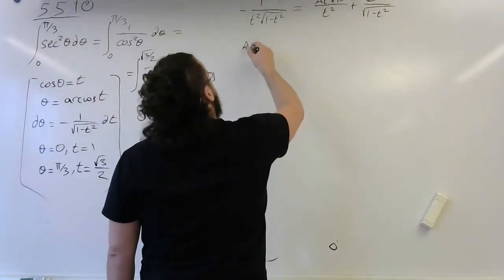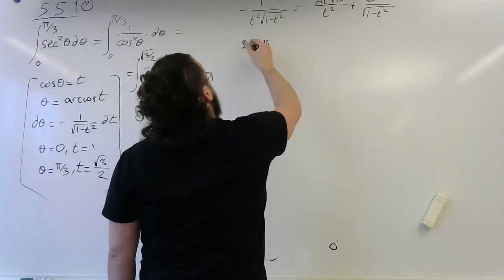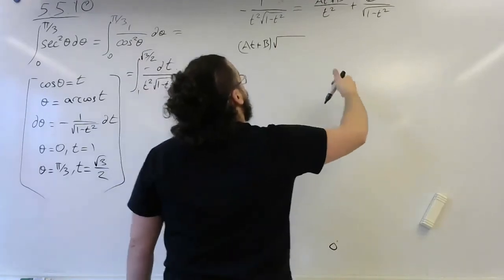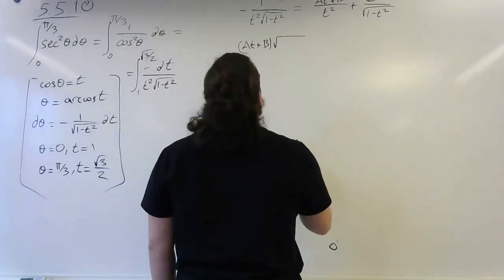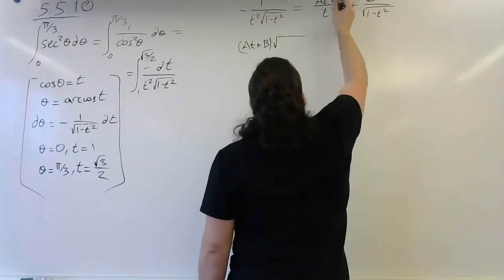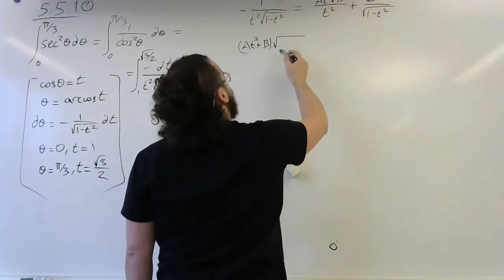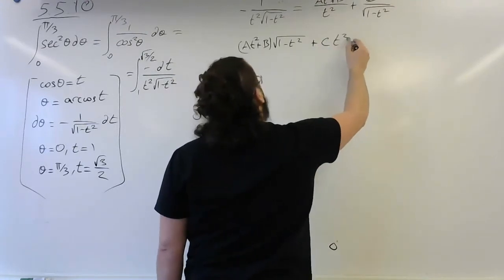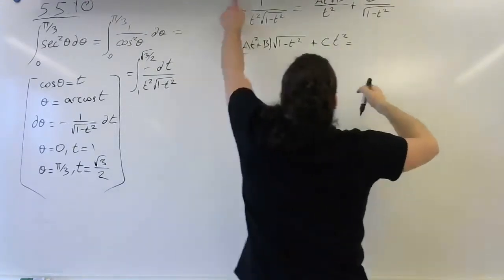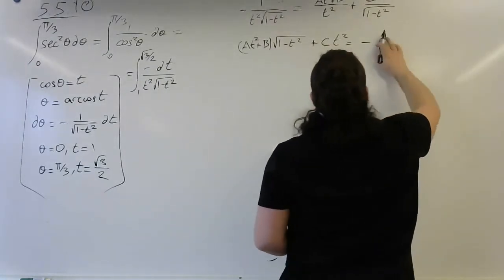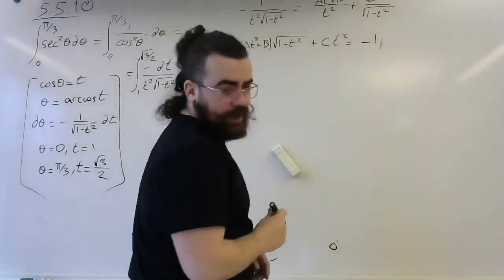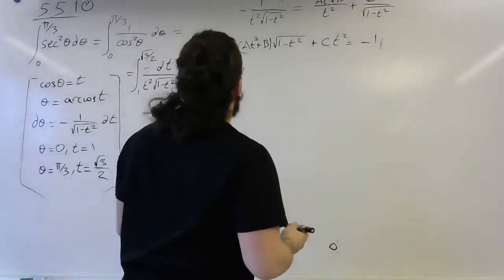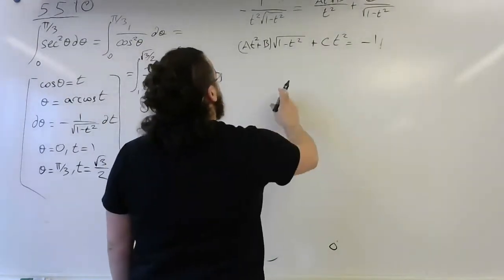So now at plus b, wait. Minus 1. And from here we have to do something that allows us to determine what the values of A, B, and C are.